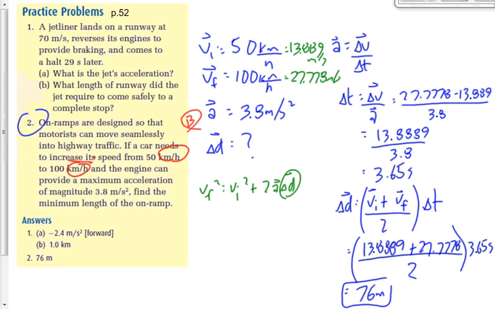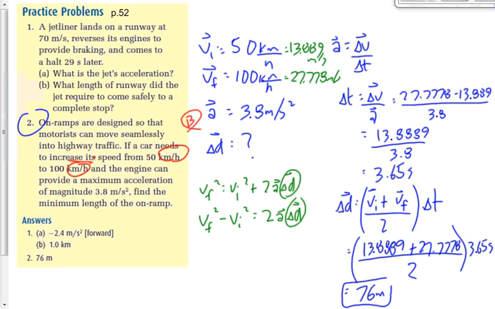Connected to what you're solving for. Solving for D, get rid of what's not connected. The I is not connected. Now, what is attached to it, or what is connected to it, it's 2 times A times D. How are we going to get rid of the 2 times A?